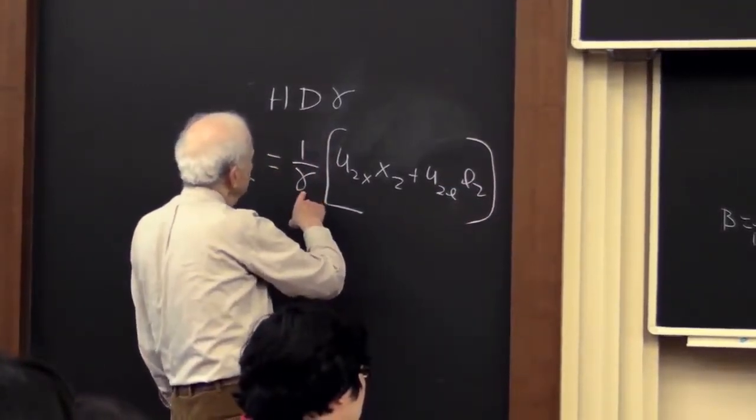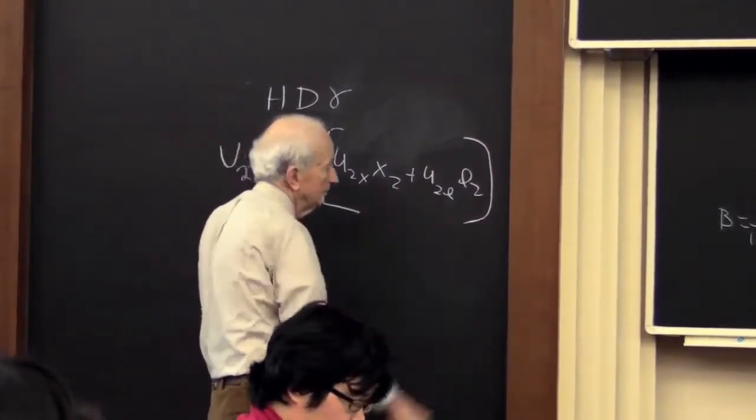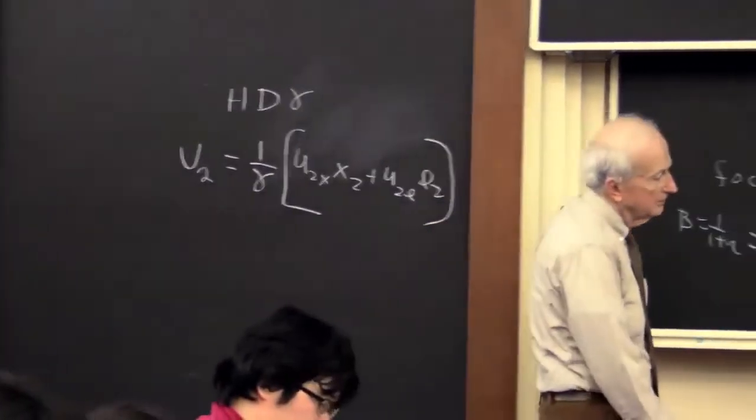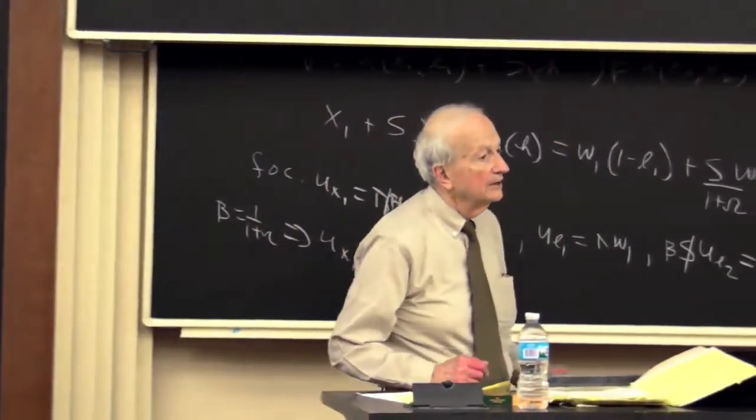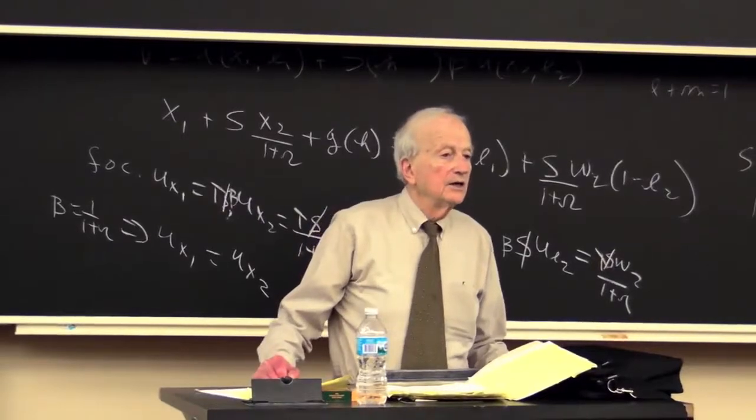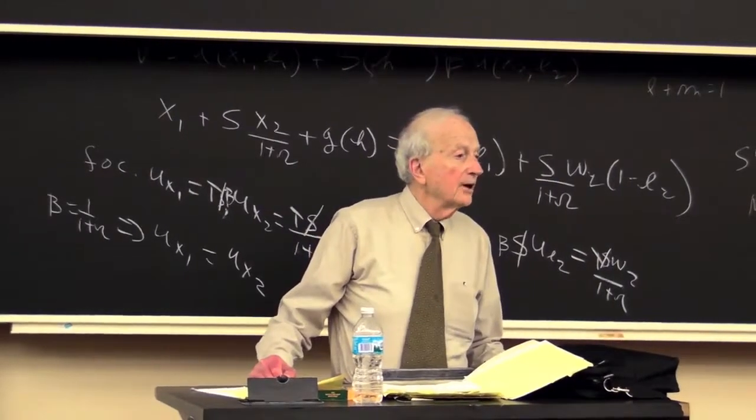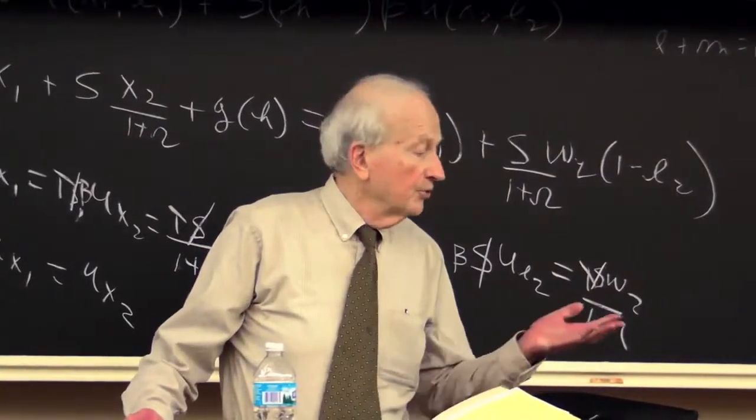With constant returns, gamma is 1, and this is simply the usual Euler adding up equation, right? Product of marginal productivities and quantities summed up is equal to the output or utility.